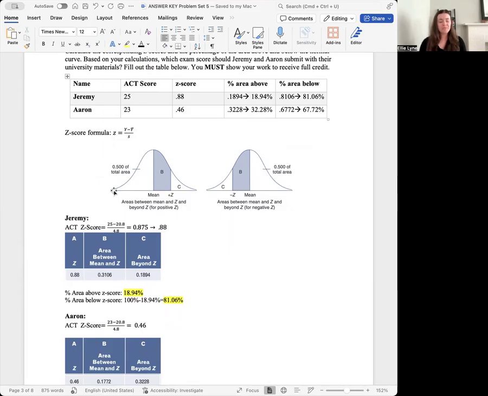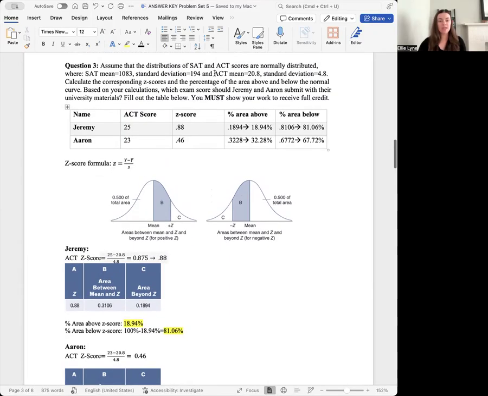So for Jeremy, his ACT z-score is 25 subtracted by 20.8, because I see that the ACT mean is listed here, divided by 4.8, because that's the standard deviation listed here as well, which equals 0.875. You'll notice that the standard normal table, or z-distribution table, that is posted to Canvas only uses z-scores that are rounded to the hundredths place.